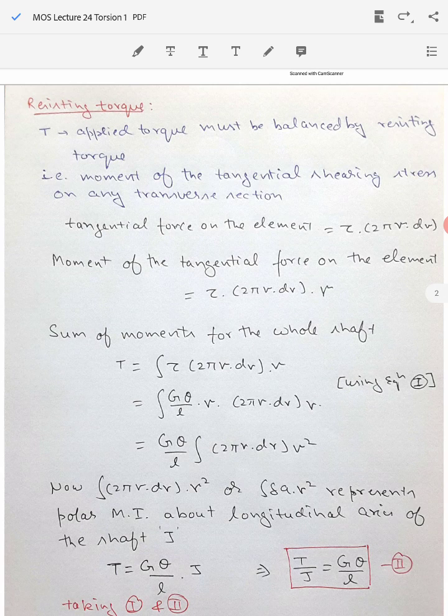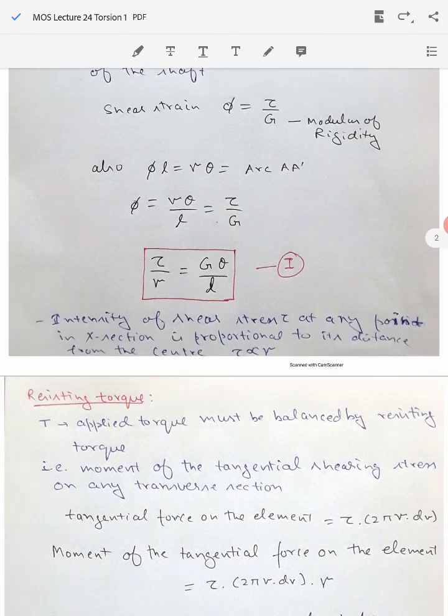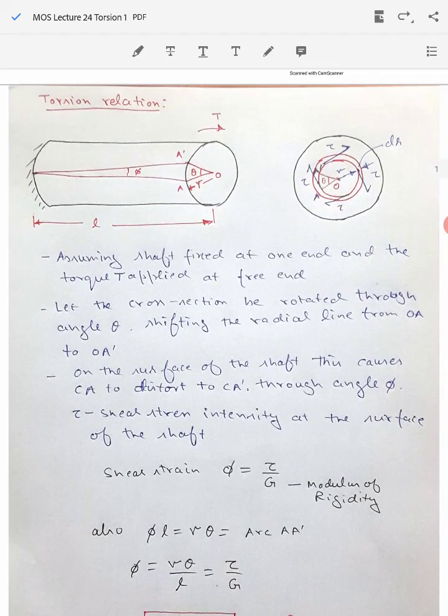So the moment of the tangential shear stress on any transverse section will provide this resisting torque. If you look at this cross section here, you have a shear stress value tau acting at a distance R, and we are considering a small red element which I have shown here.